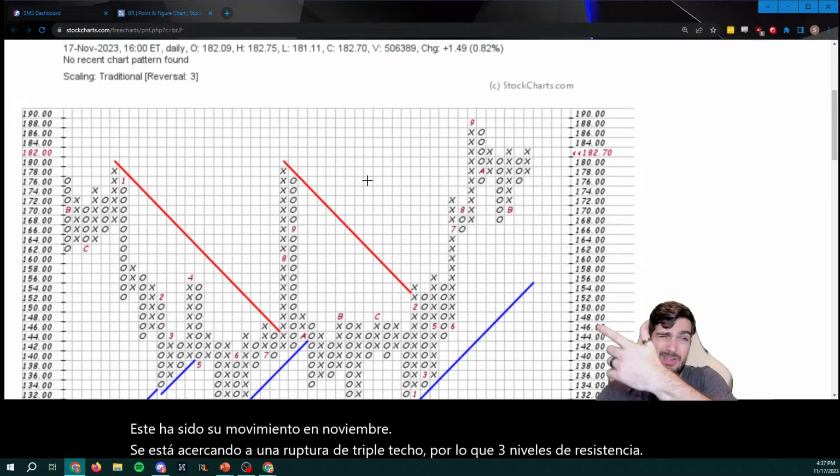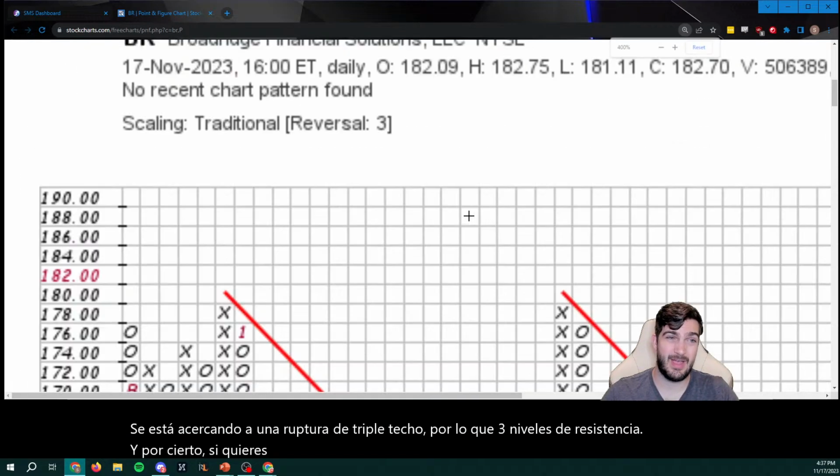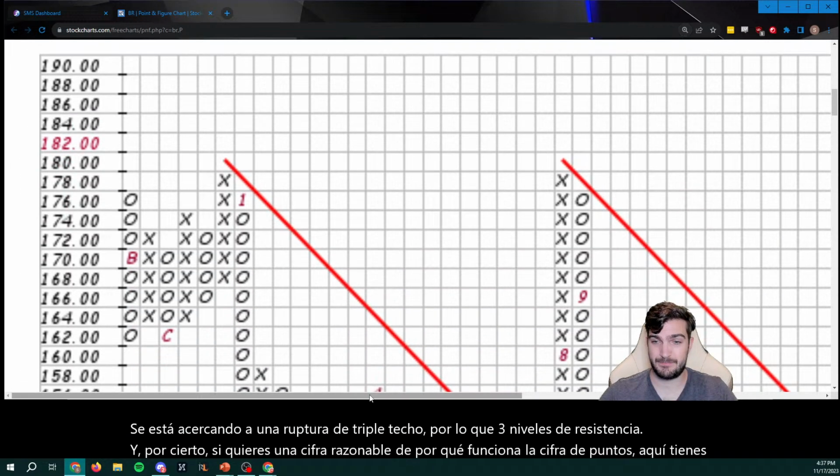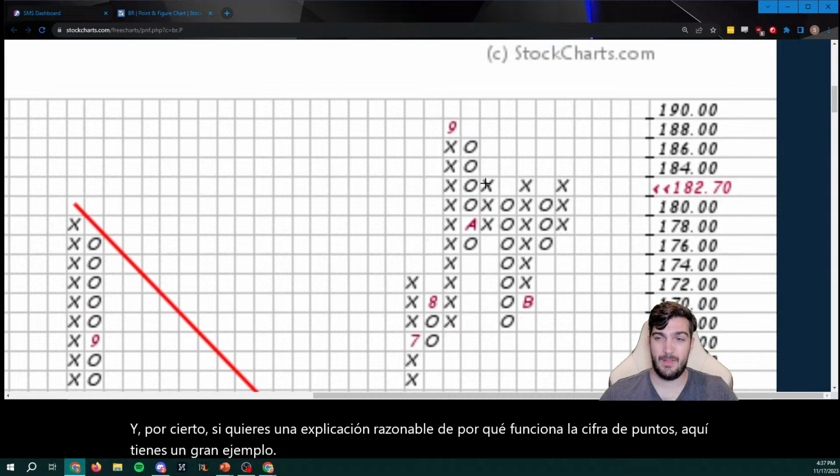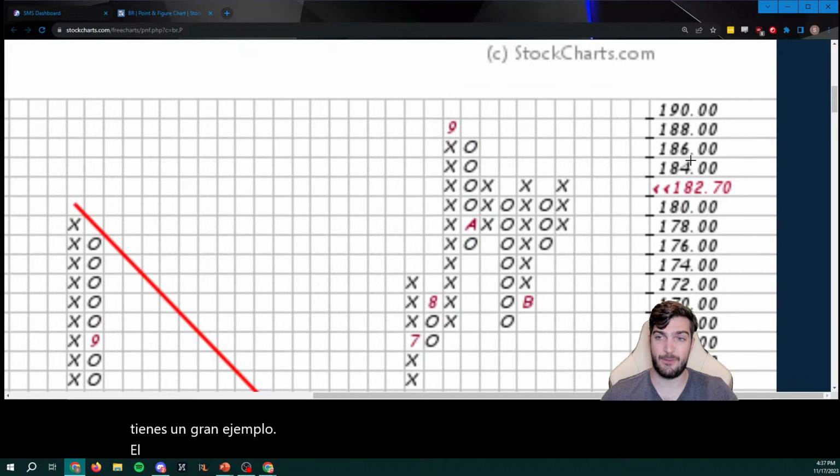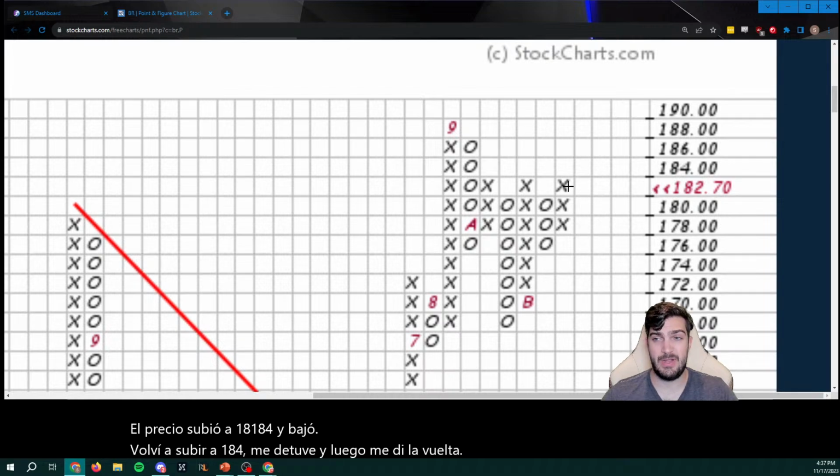And by the way, if you want a reason of why point and figure works, here's a great example. The price went up to 184 and went down. Went up to 184 again, stopped, and then turned around. Now it has approached it once again.